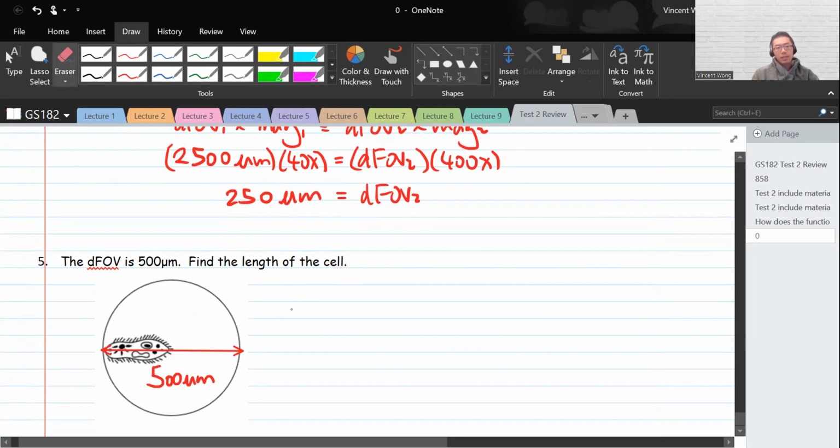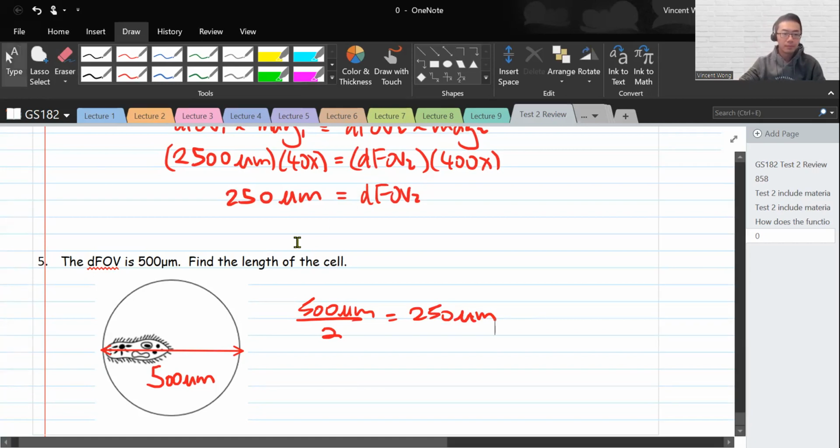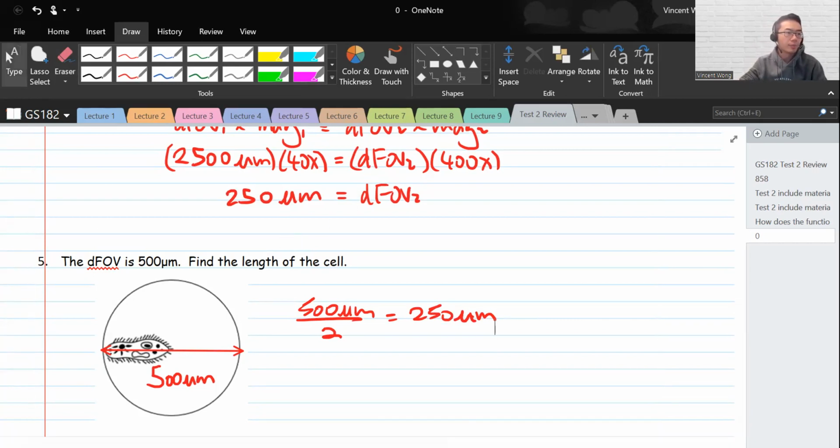One cell here, one cell here. So 500 micrometer divided by 2, that means each cell is 250 micrometer. That's all. That's all the microscope question you have to know.